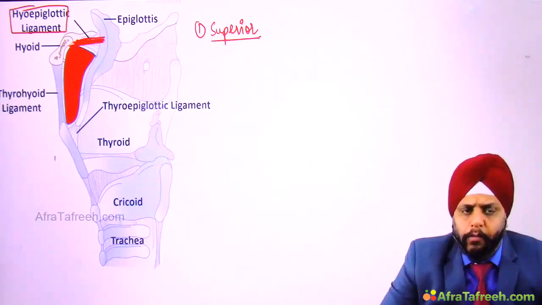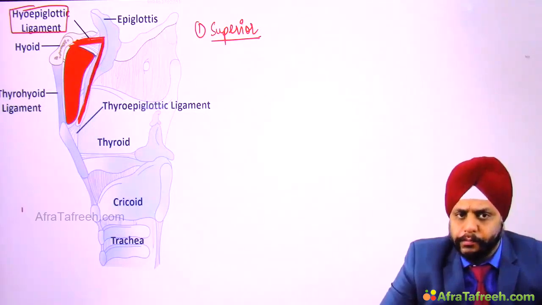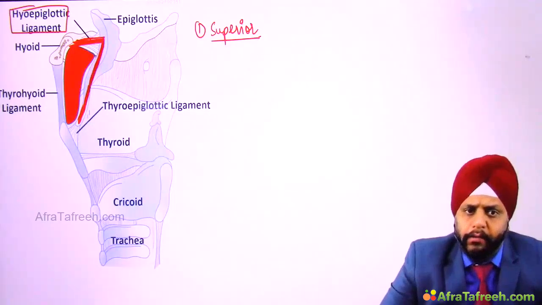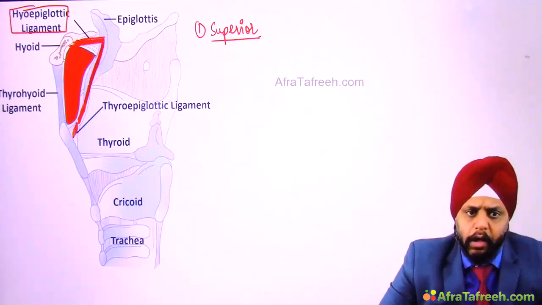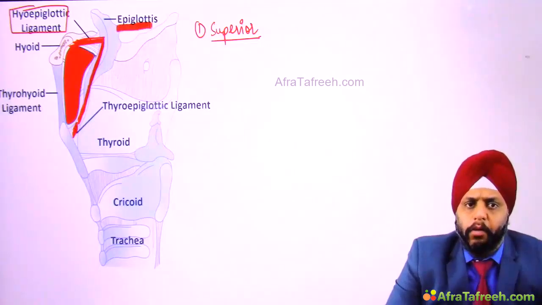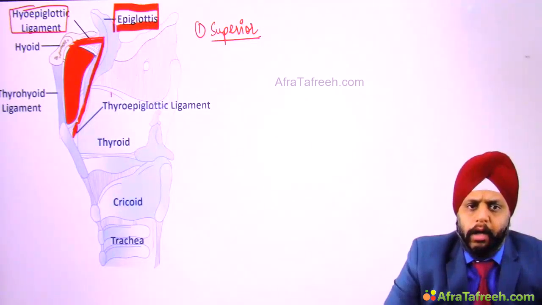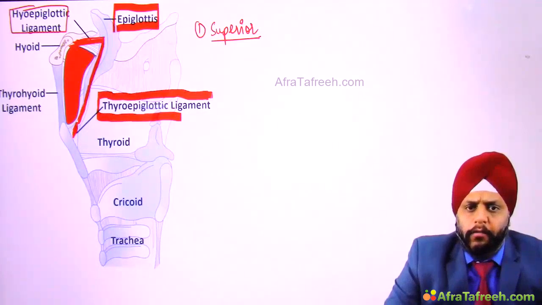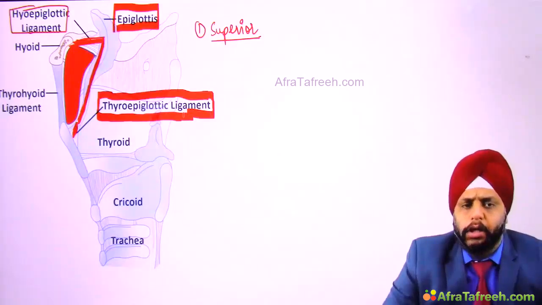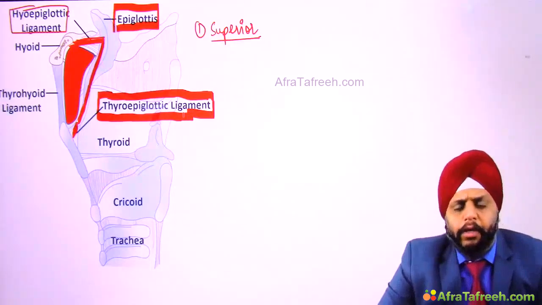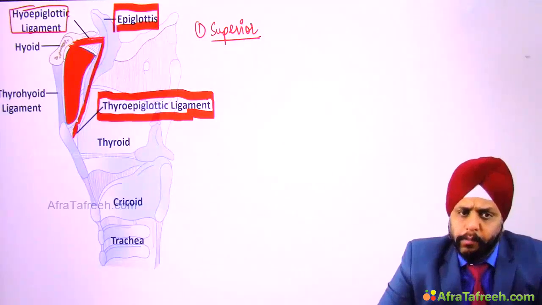You see, the posterior boundary is formed by epiglottis. You can see over here, we have the epiglottis. Right? Okay, anything else? Yes, we have the thyroepiglottic ligament. So, epiglottis and thyroepiglottic ligament together, they form the posterior boundary of the pre-epiglottic space.